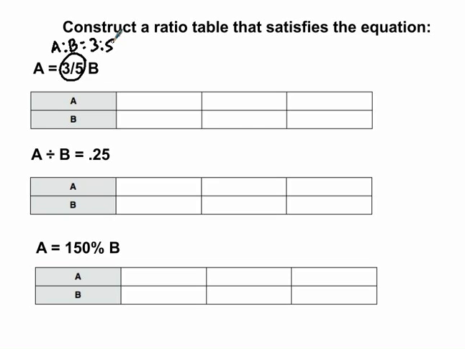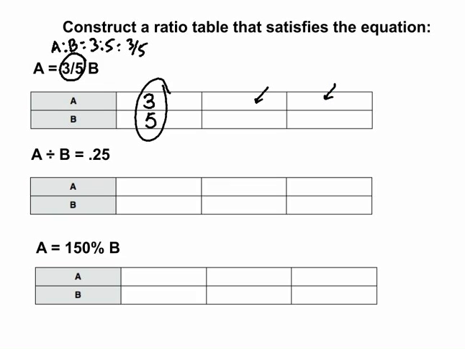Because remember, we could simply go from 3 to 5 and express that as 3/5. So all it's saying is A to B is in a relationship of 3 to 5. And once you find that first part, the only difficult thing is to get that first value in your ratio table. Then it will be simple to get that second value and the third value.